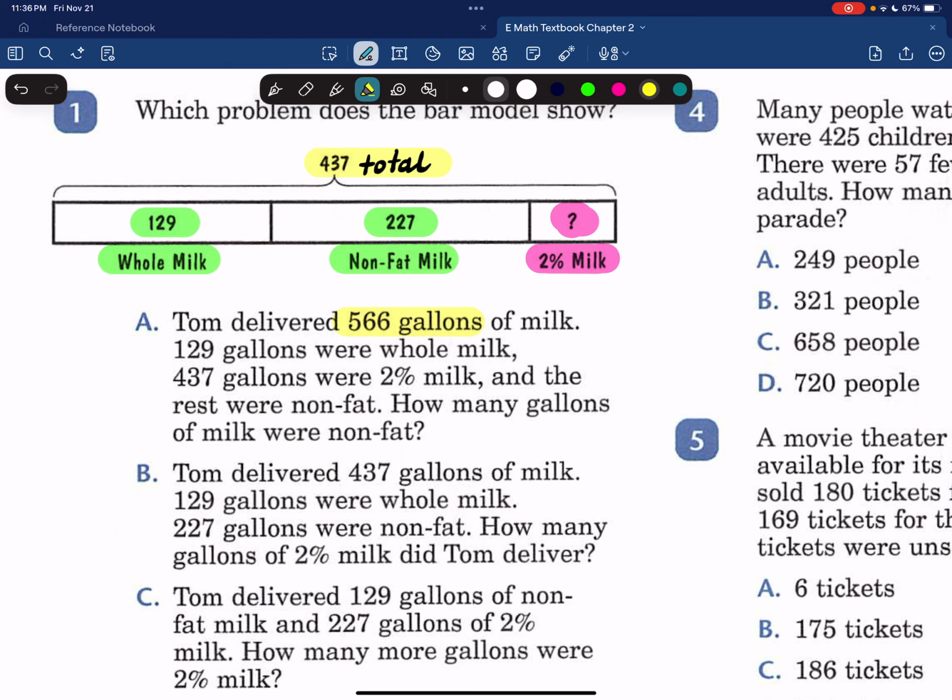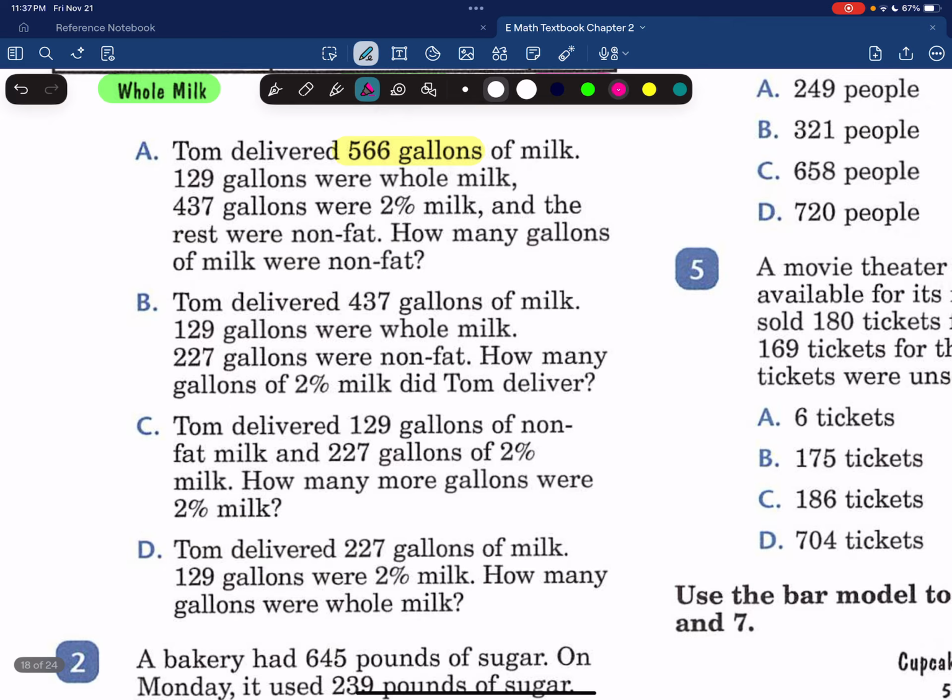Well, this is not the answer for two reasons. First of all, the total's wrong. Our total is 437. The other problem is that the unknown is not the non-fat. We know the amount of non-fat. The unknown is the amount of 2%. So this is not the choice I'm looking for.